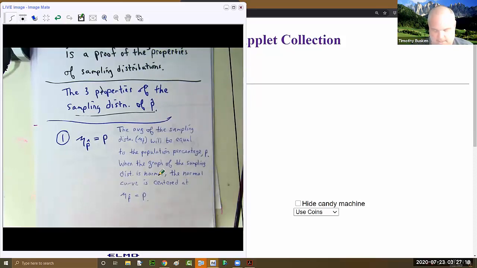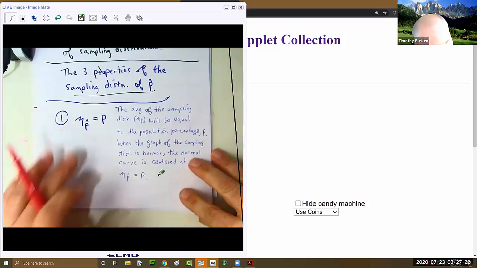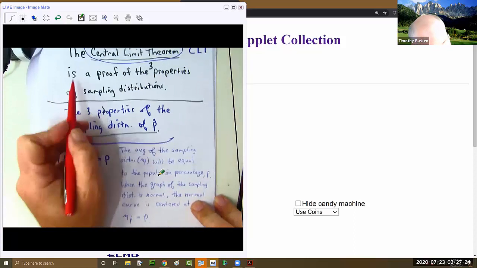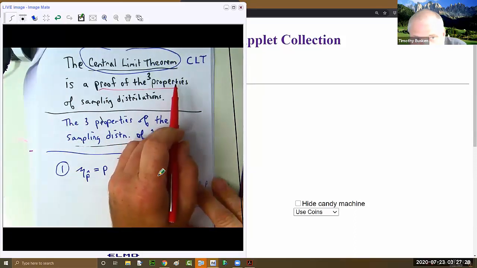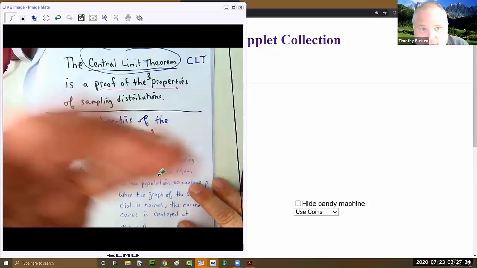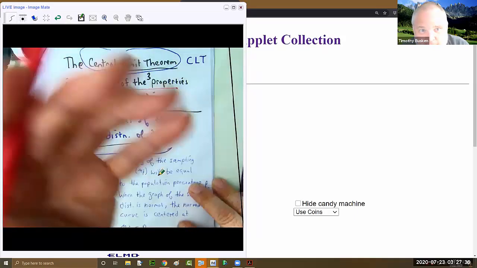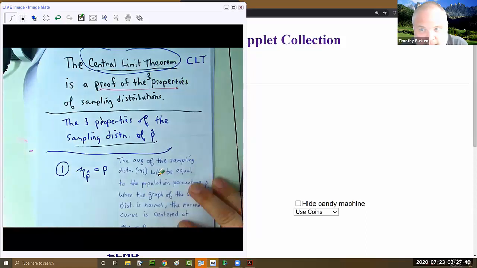All right, let's take a look at this. So the central limit theorem is a proof, and you have to have senior level or graduate level knowledge of a math background to understand the proof and to convince yourself of it. Although it's easy to use simulations like this applet to convince people that it is true.